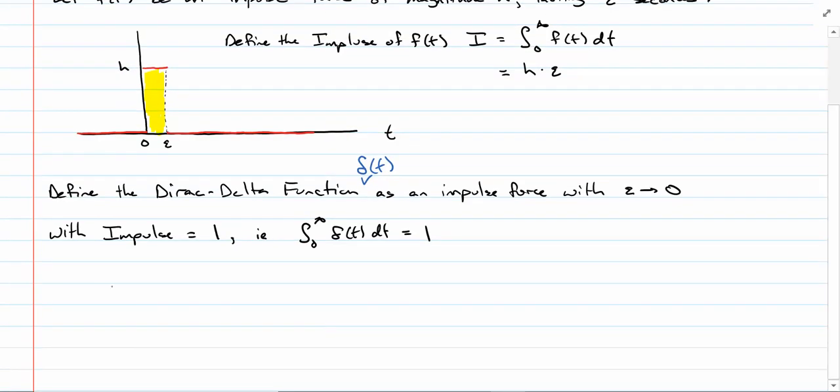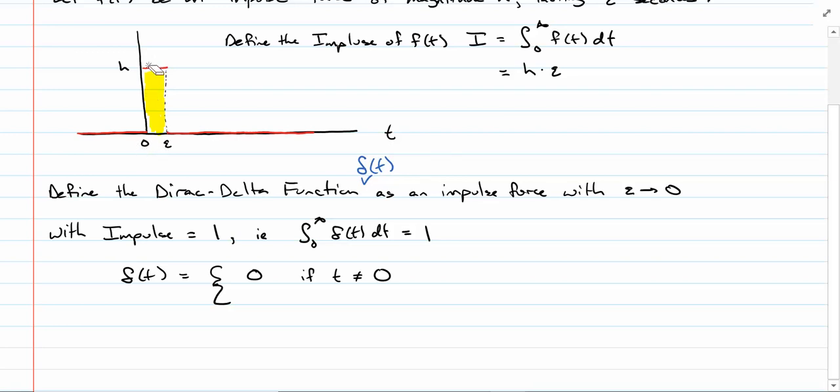Another way to think about it is that the delta function is going to be 0 for almost every single t value. For anything other than 0, the delta function is 0, because the graph is going to look like this, a flat line at 0 here.